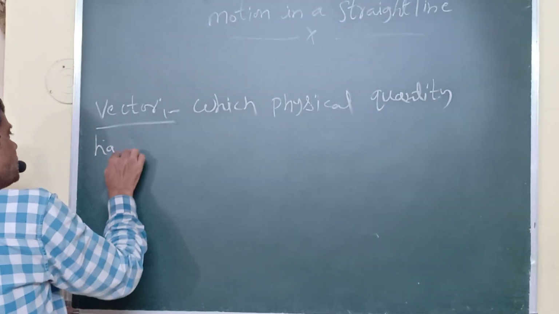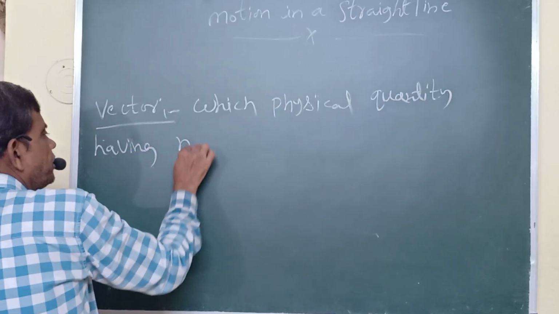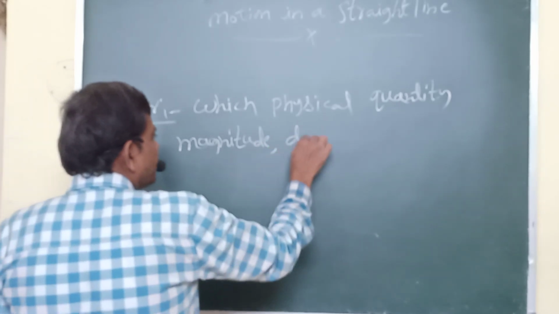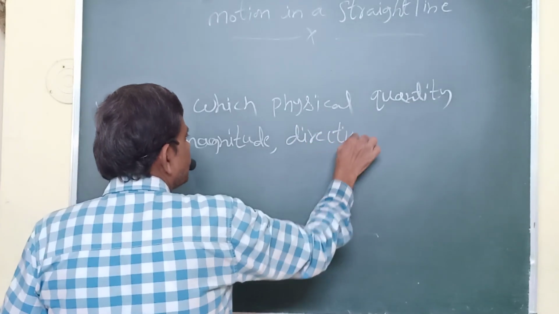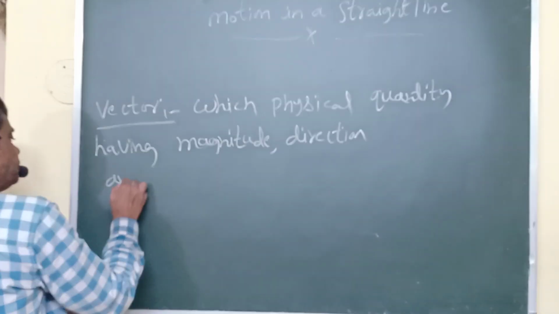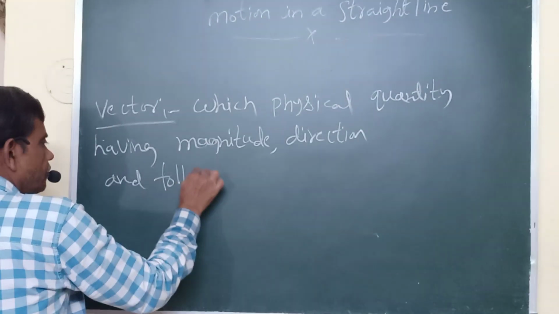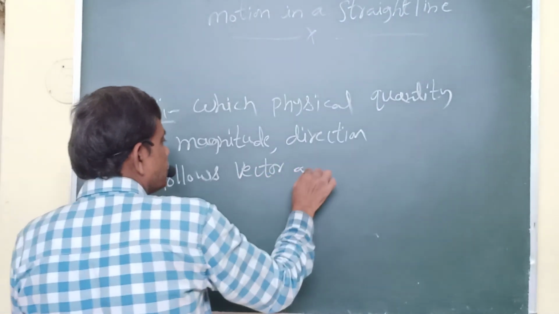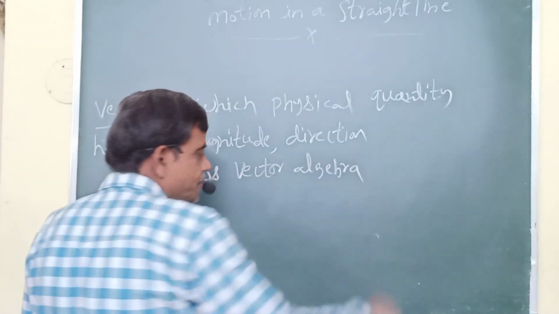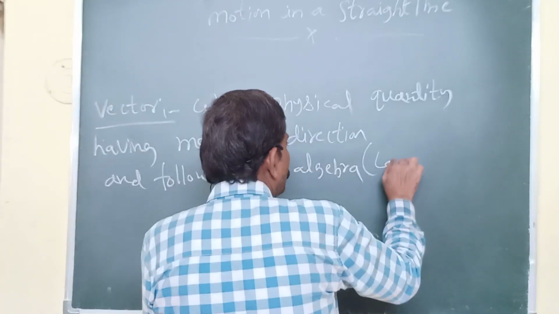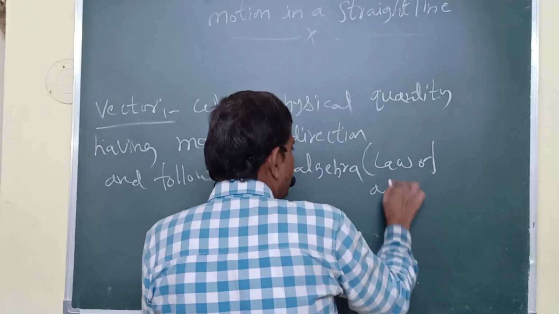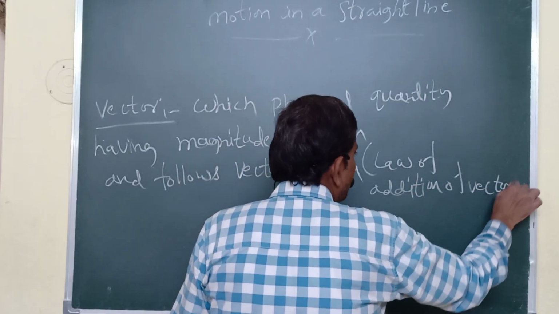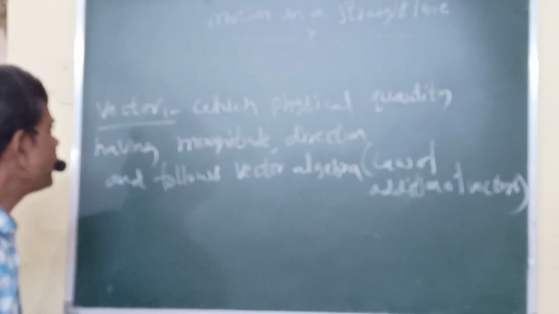Vector algebra means addition of vectors, the law of addition of vectors. It follows the law of addition of vectors. So that is called vectors.